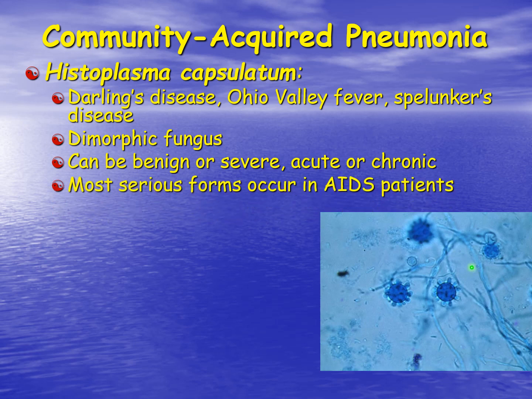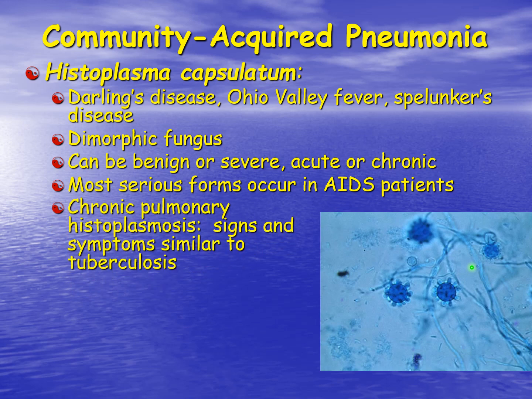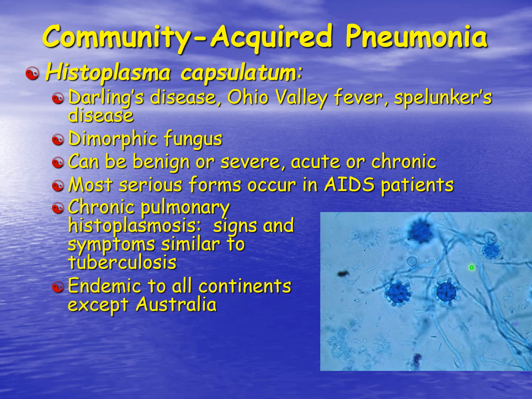Most severe forms of histoplasma pneumonia actually occur in AIDS patients. In chronic pulmonary histoplasmosis, the signs are similar to tuberculosis in the fact that we can actually see walled-off granulomas. This is endemic to all continents except Australia, and where it tends to be concentrated in the United States is in the Ohio and Mississippi River valleys.